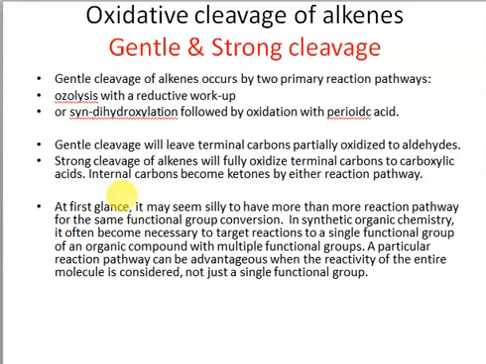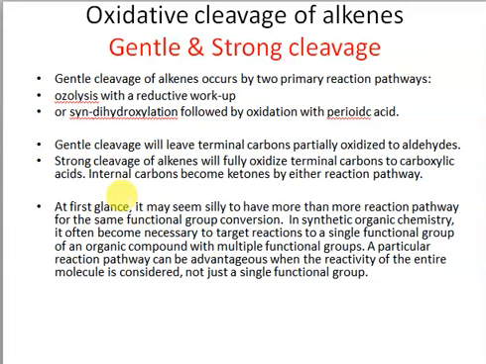Right, so at first glance it seems very silly, it seems very obnoxious to have more reactions for the same functional group conversion. Ultimately, we are converting alkenes into carbonyl compounds. Why are we using the gentle or the strong cleavage method? The reason is that in synthetic organic chemistry, it often becomes necessary to target reactions of a single functional group in an organic compound with multiple functional groups.